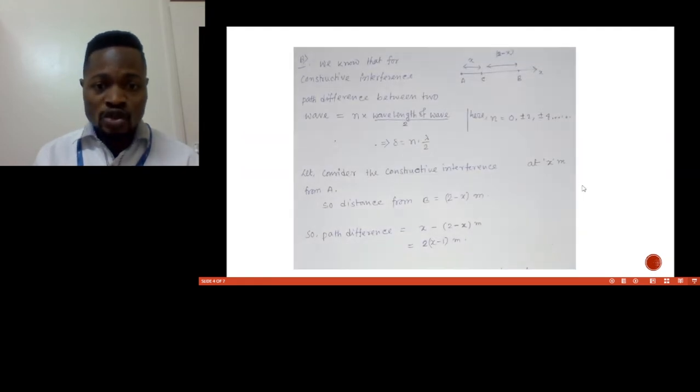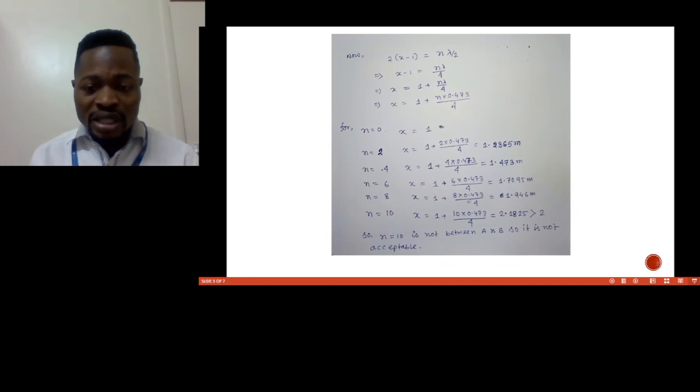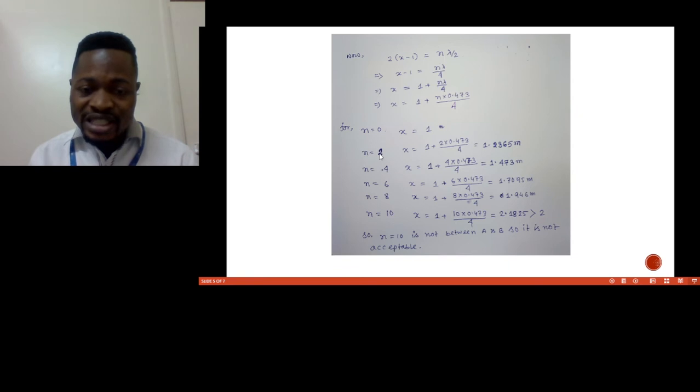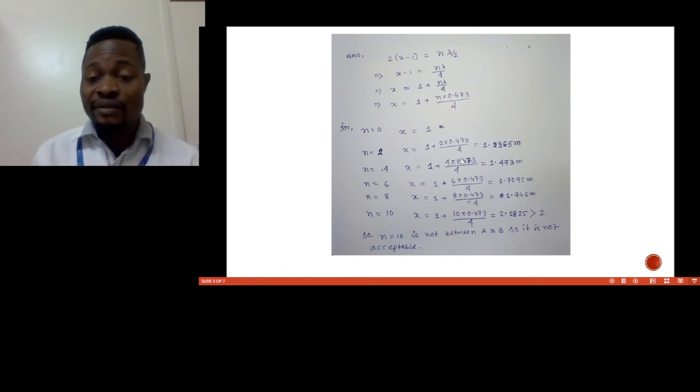So we just need to plug it into this equation, and we have 1.2365 meters when n is 2. So we are going to calculate using even numbers. When n is 2, it is 1.2365 meters.